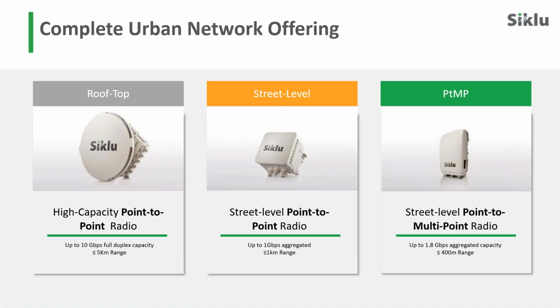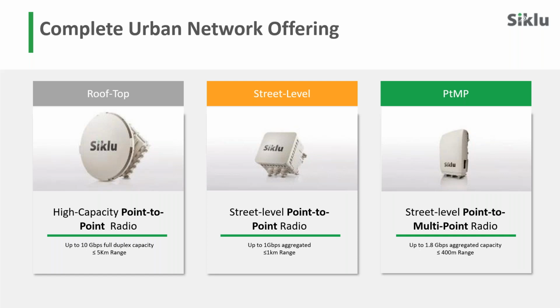So let me start a little bit with what we do at cTU, and we are a vendor of millimeter wave solutions and only millimeter wave solutions, which allows us to deliver up to 10 gigabit full duplex, as you can see here on the left, in the lightly licensed spectrum of 70 and 80 gigahertz.